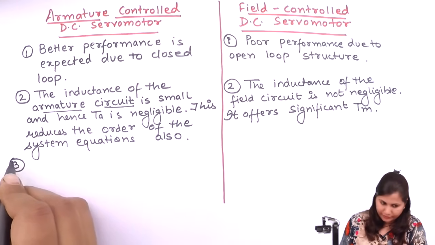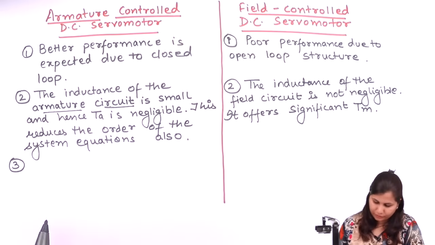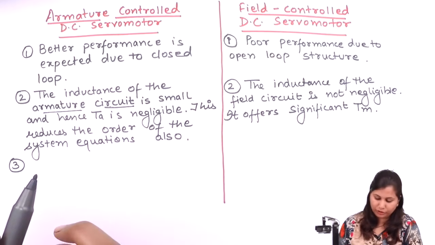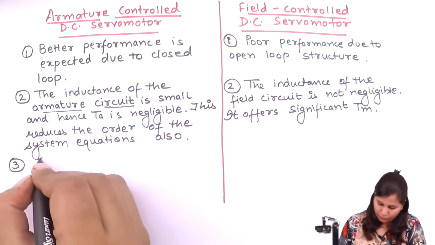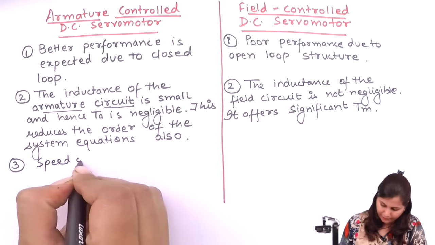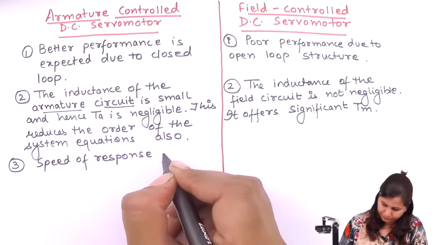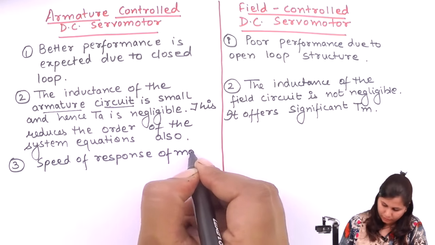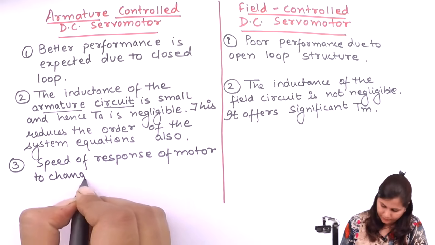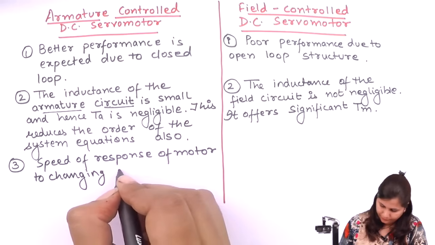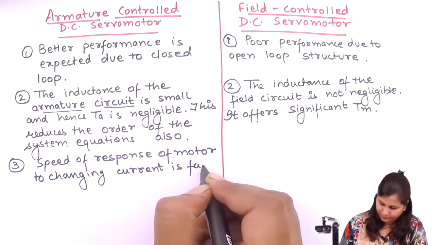Now the third difference is that the speed of response of the armature controlled DC servo motor to changing inputs is very fast. So the speed of response of the motor to changing current is fast.